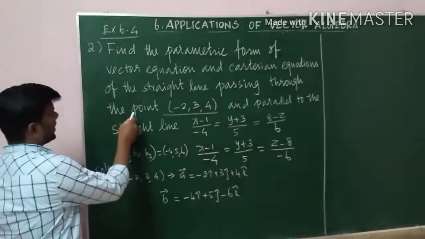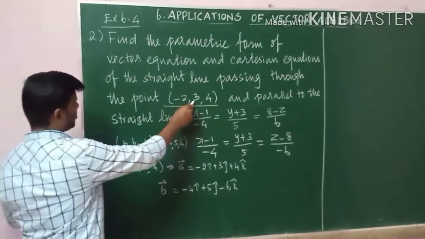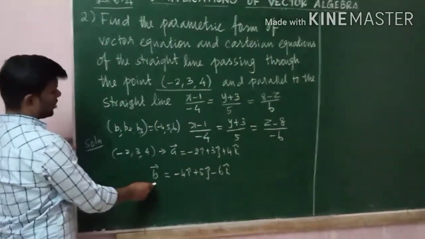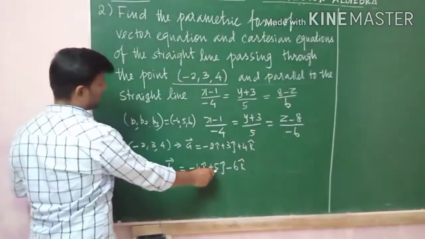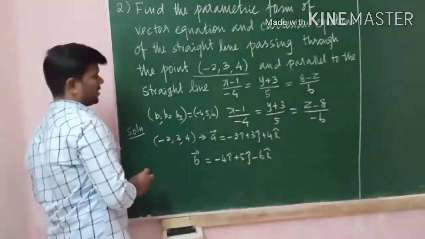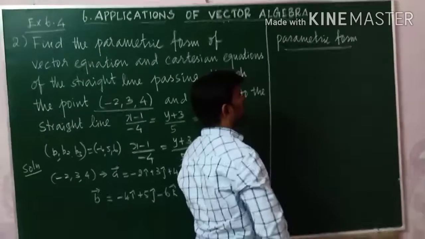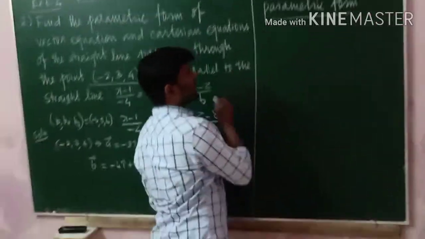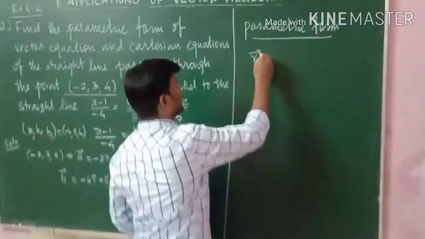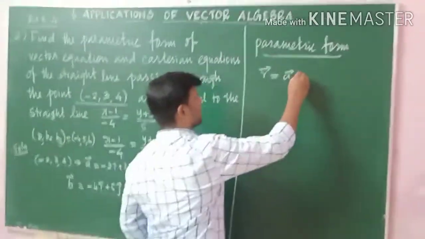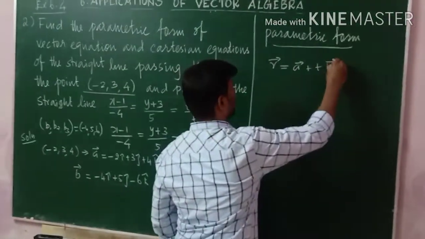So the equation passes through the point minus 2, 3, 4 and is parallel to the vector minus 4i cap plus 5j cap minus 6k cap. So what is the parametric form of the equation of a straight line? R vector is equal to A vector plus t times B vector.